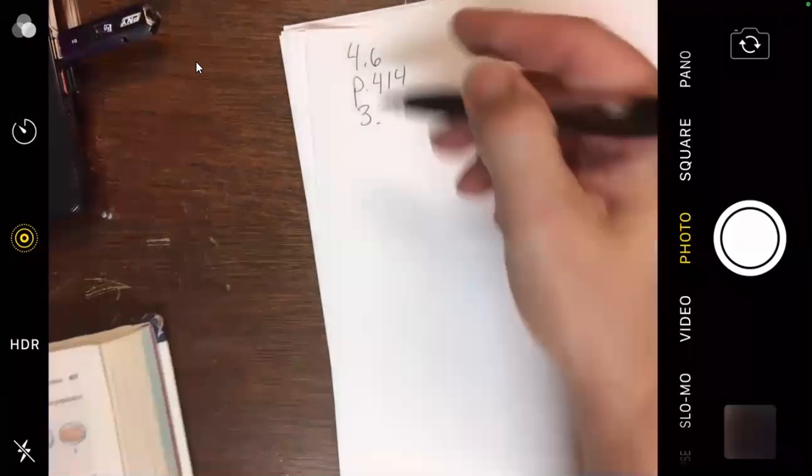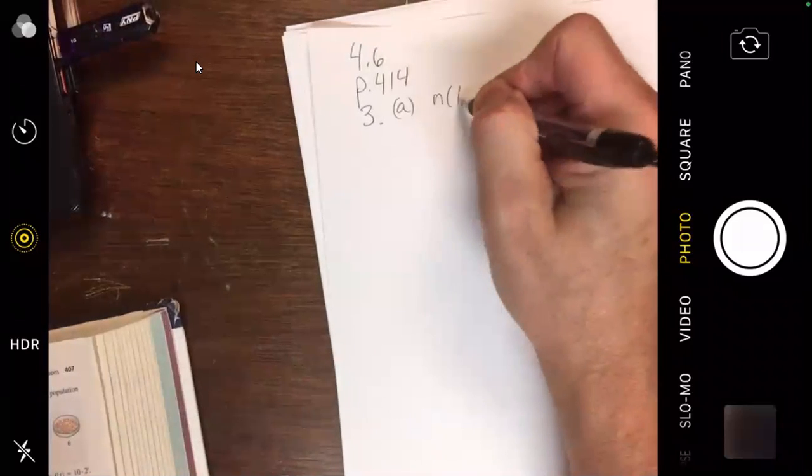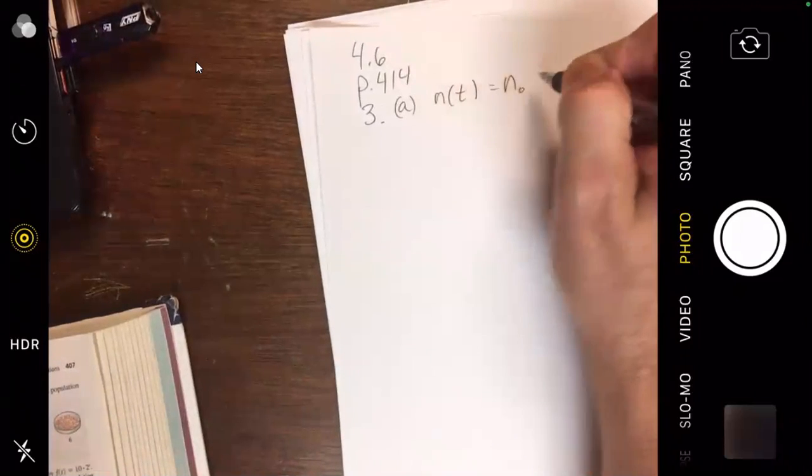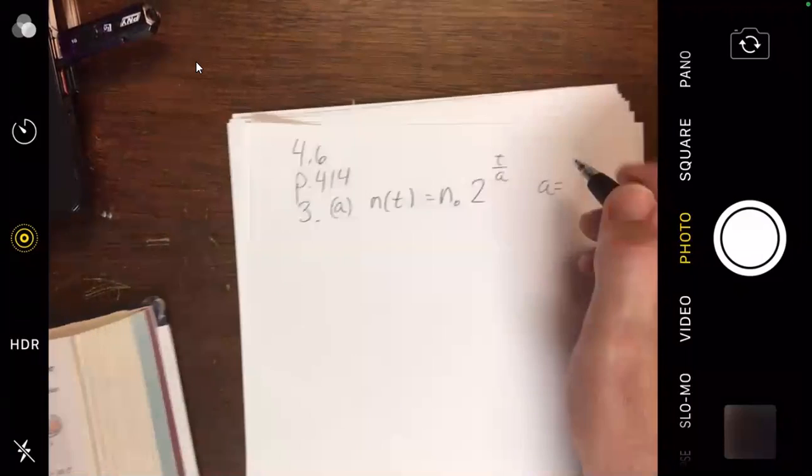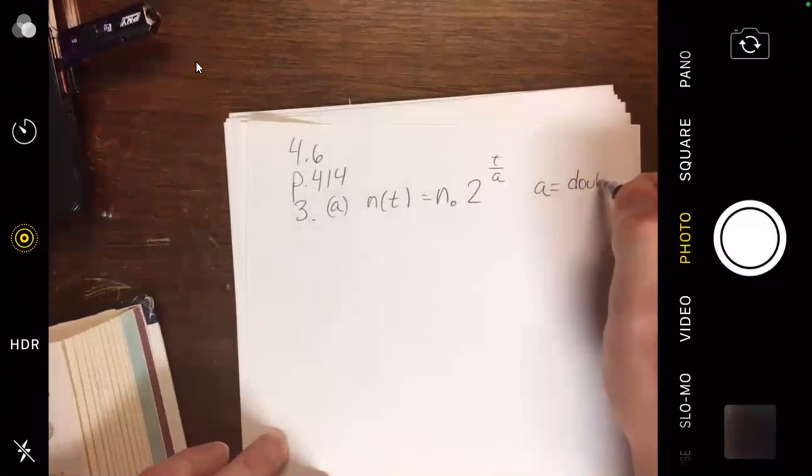Okay, notice that doubling. They are using this doubling formula. So part A: N equals N0 times 2 to the t divided by A. A equals doubling time.